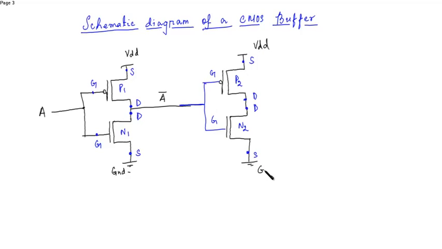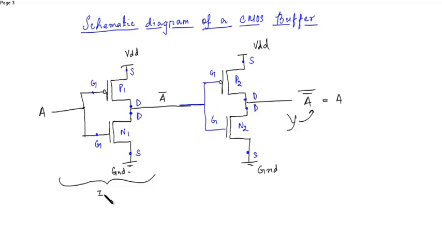This is also connected to ground, and this is the output, that is A bar whole bar. We can take this output as Y. Y is equal to A bar bar, that is equal to A. The output of inverter 1 is the input to inverter 2.